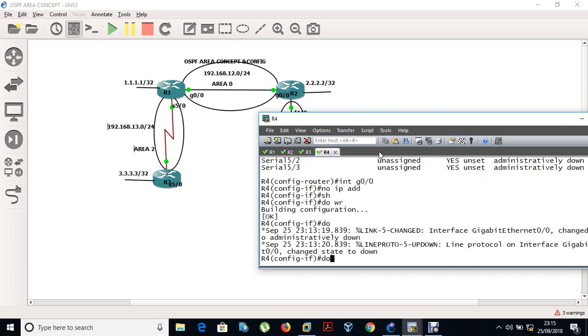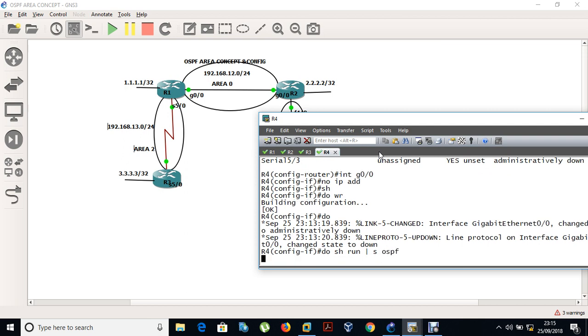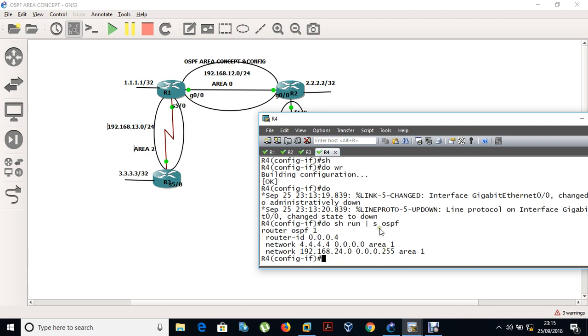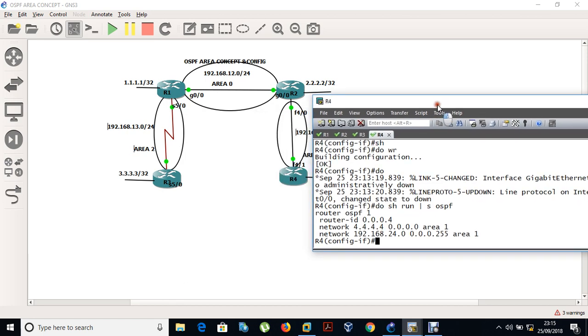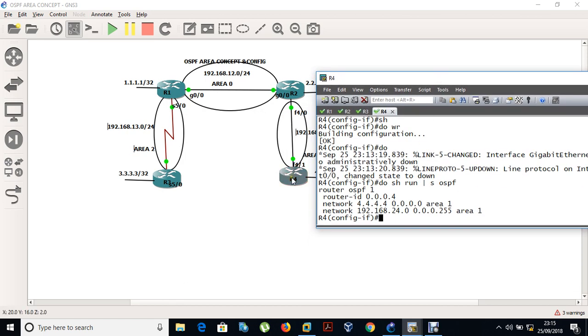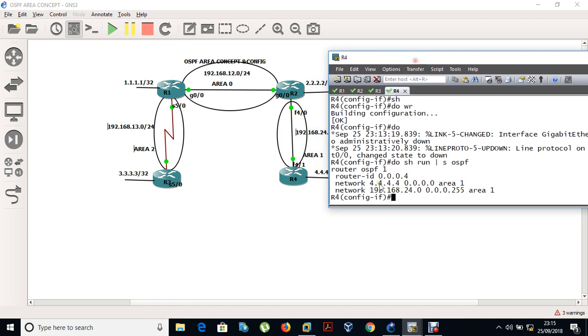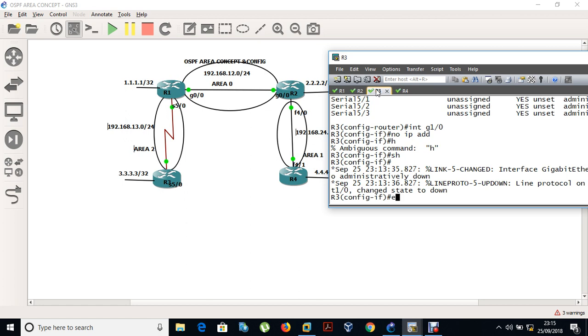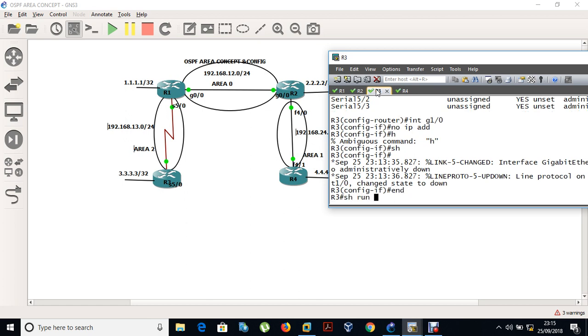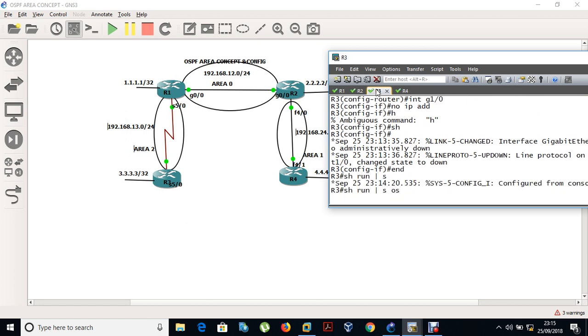Okay, so now if I say do show run section OSPF, that's a good command. Now I have advertised on this R4. I'm on R4. I advertised 24 on area 1 and 4.4.4.4 on area 1, and the router ID is this one. Let me go to R3, show run interface OSPF.